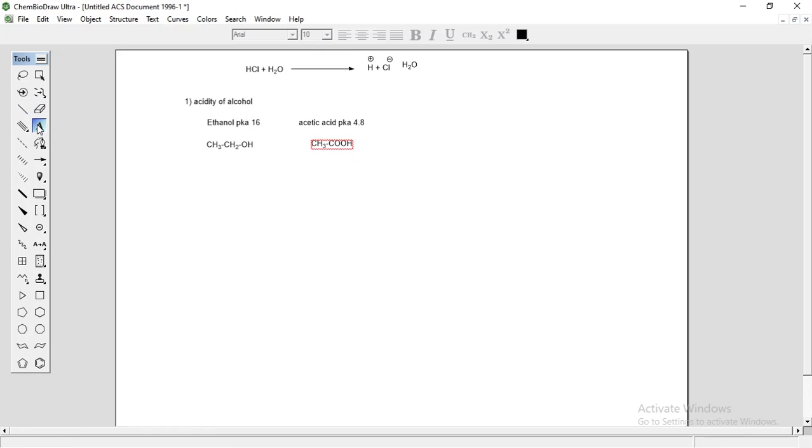So we'll take the general example, ROH, which gives alkoxide, RO minus.